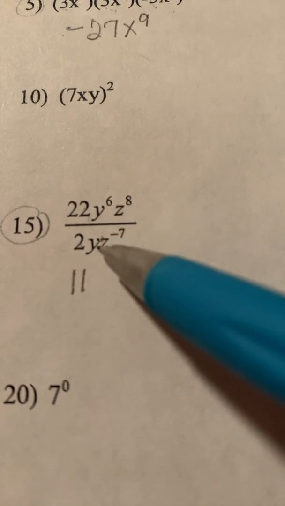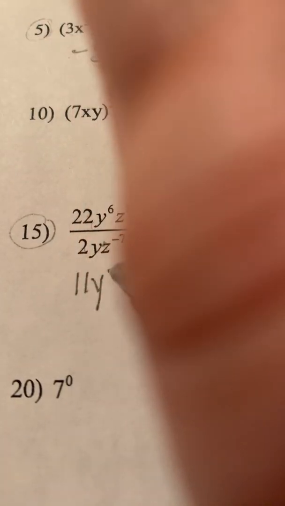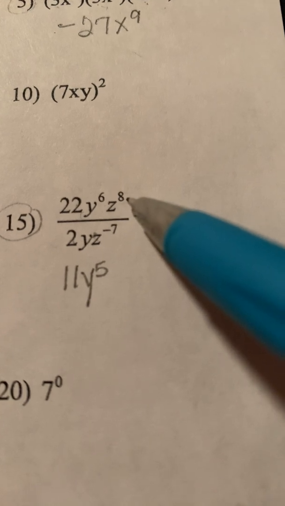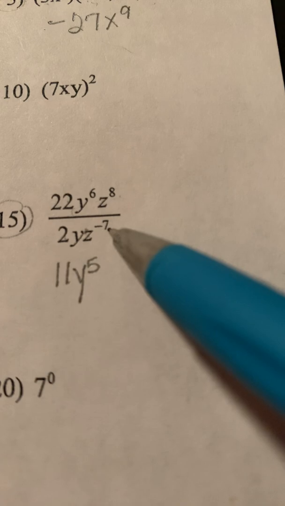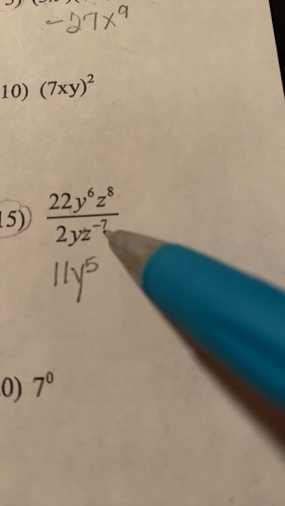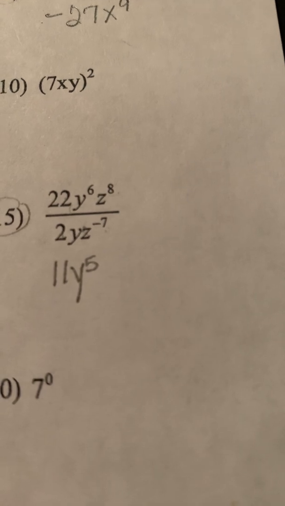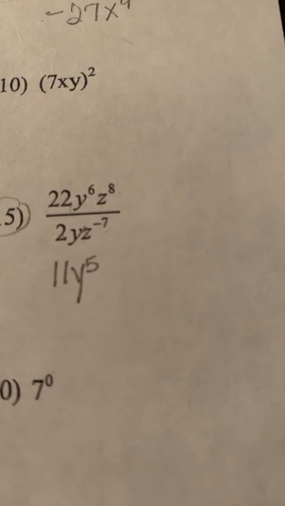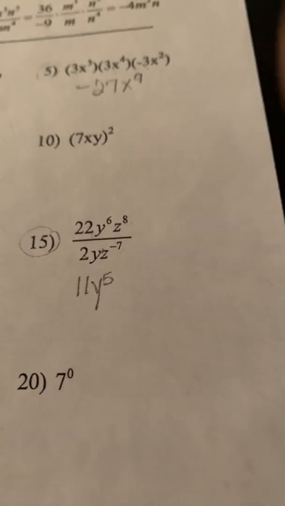So 6 minus 1, y to the 5th. And 8 minus a negative 7, because you're taking away a negative 7. So 8 minus a negative 7, we get then z to the 15th power.